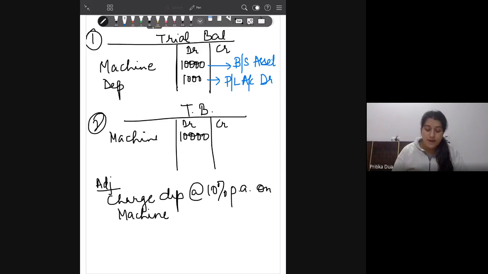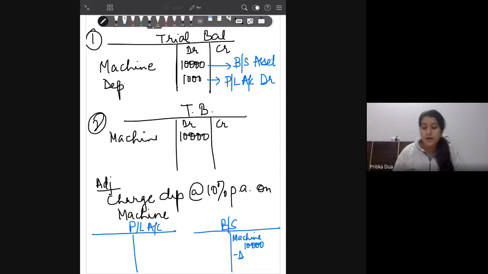Again दो जगह इफेक्ट आएगा. एक आपका P&L अकाउंट में आएगा, एक आपका बैलेंस शीट में इफेक्ट आएगा. एसेट साइड पर आप मशीन की अमाउंट पुट करोगे 10,000 and you will reduce it by the amount of depreciation because now the net value of the machine you are holding has fallen to 9,000. Okay, so this is the first effect of the adjustment.